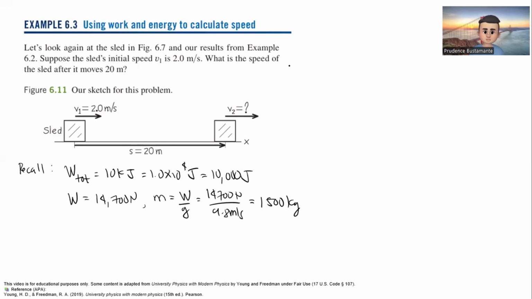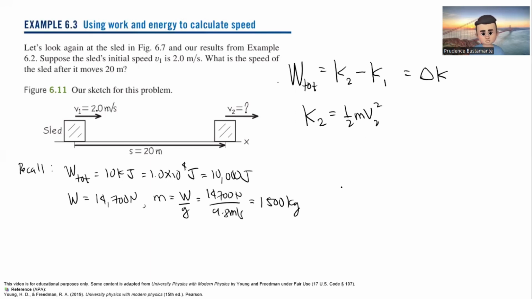Recall that the work total from the work energy theorem is the final kinetic energy minus the initial kinetic energy, or the change of the particle's kinetic energy. So we have the work total, and we have K2 is equal to 1/2 mv2 squared. So this is our target variable.